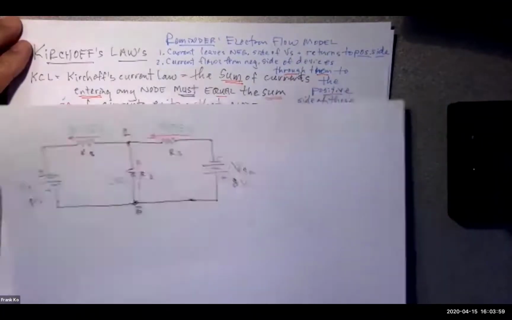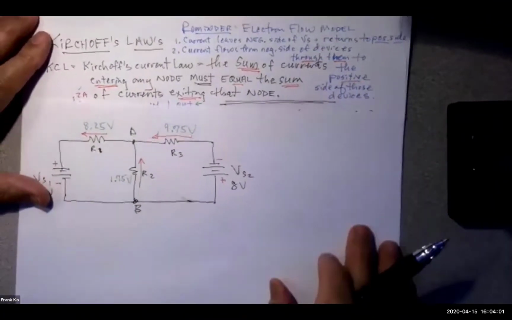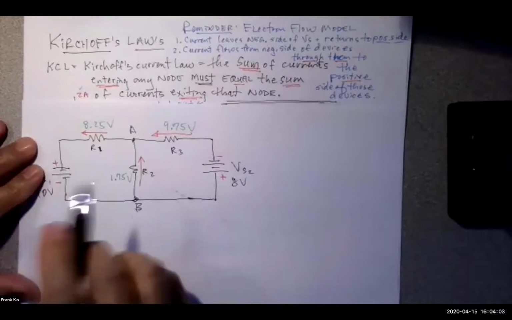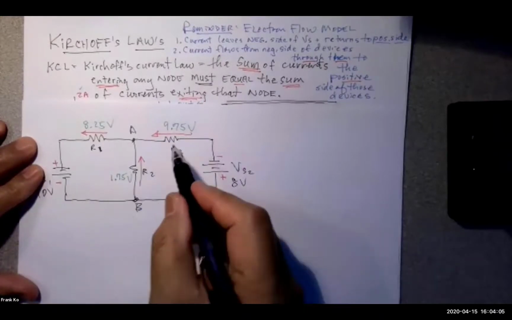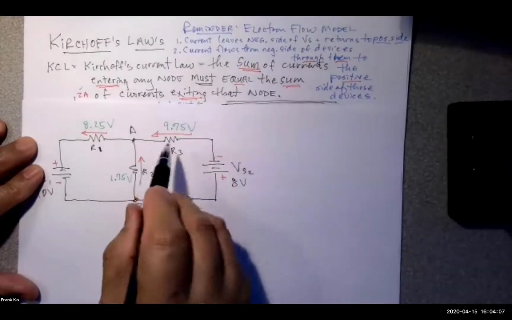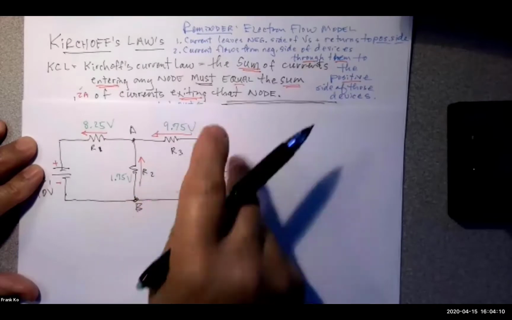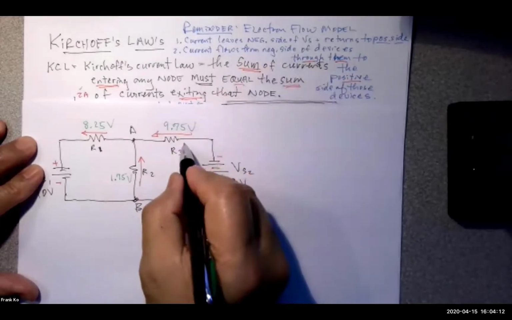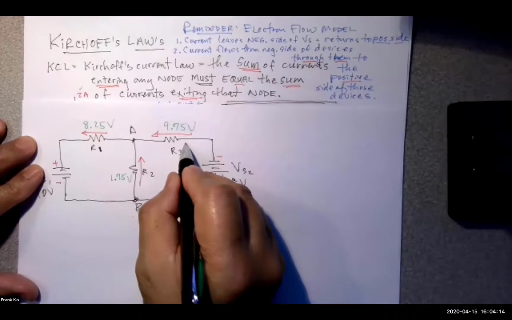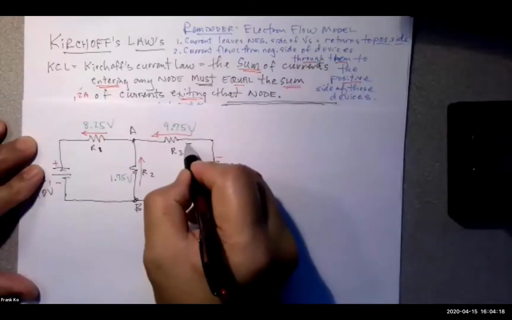So based on that definition, what is my polarity across R3? What is the polarity on this side and on this side? This side should be what? Negative. Negative, right. So this side should be negative.